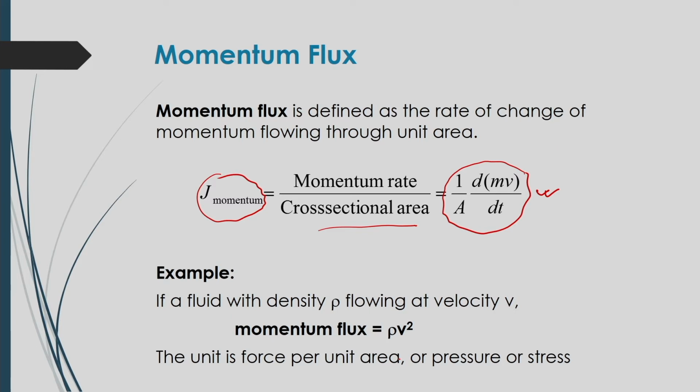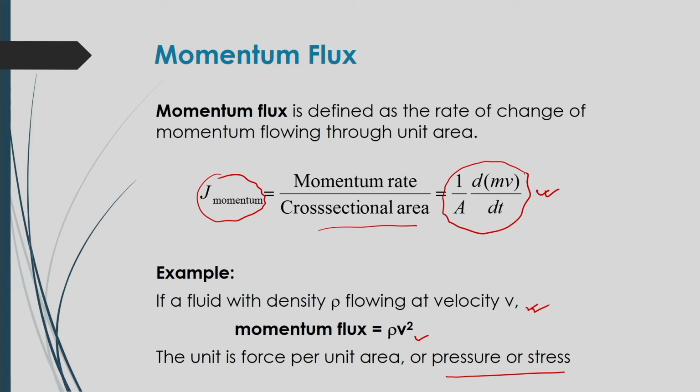If a fluid with density rho is flowing at a velocity v, then you can express this momentum flux by rho times v square, and the unit will be the unit of force per unit area, or you can express this as the unit of pressure or stress. Force per unit area is a pressure, or you can say stress.